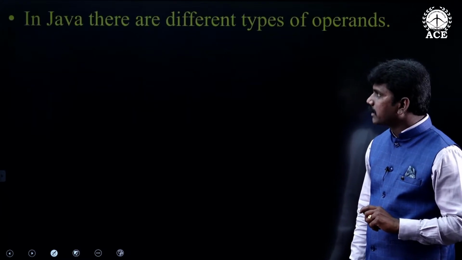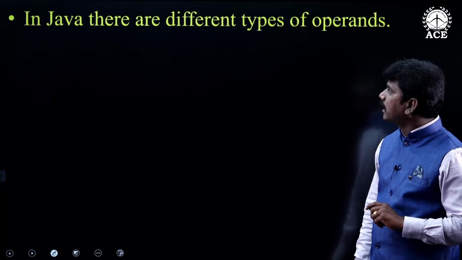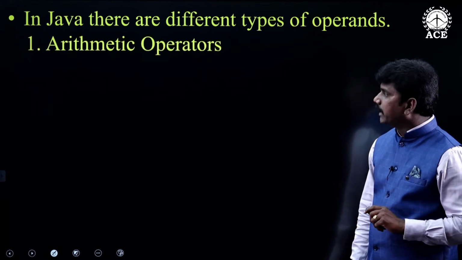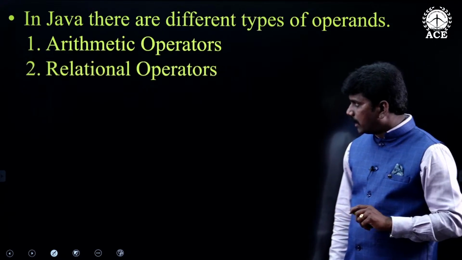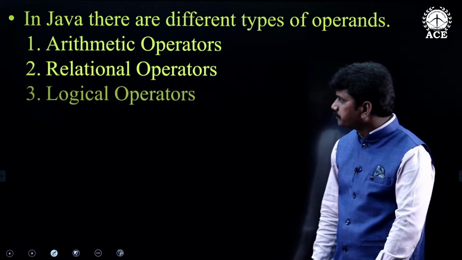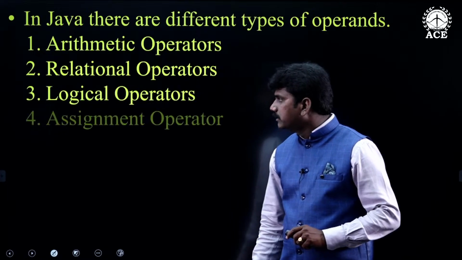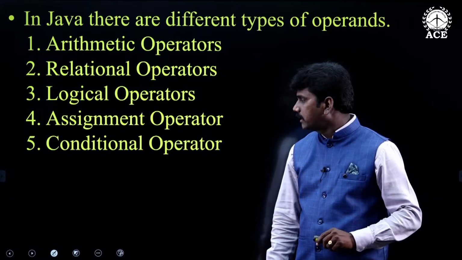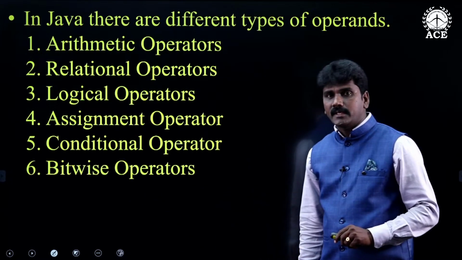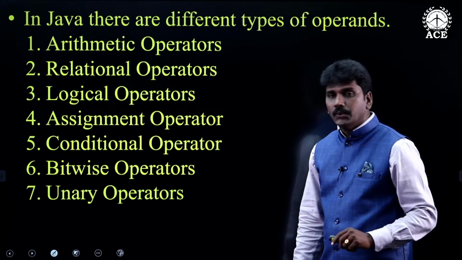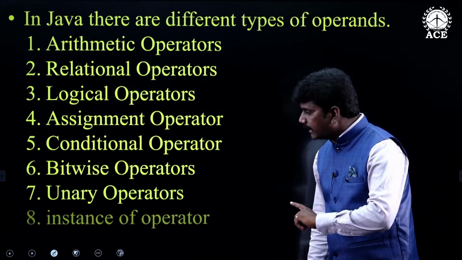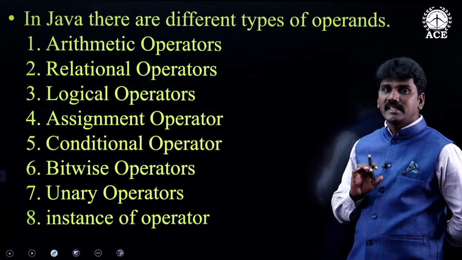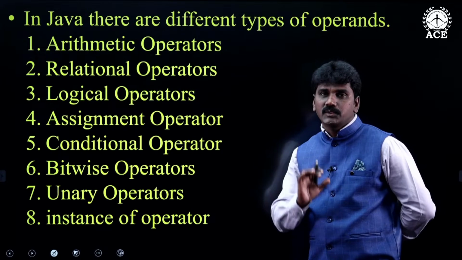First, arithmetic operators. Second, relational operators. Third, logical operators. Fourth, assignment operators. Fifth, conditional operators. Sixth, bitwise operators. Seventh, unary operators. And the eighth is the instanceof operator. Let us see these operators one by one quickly.